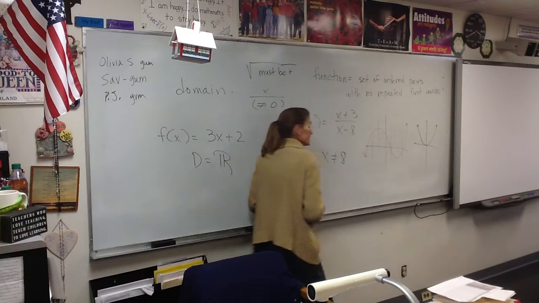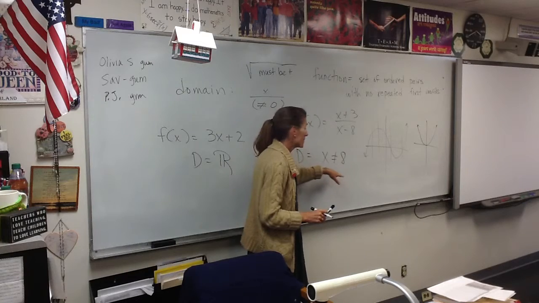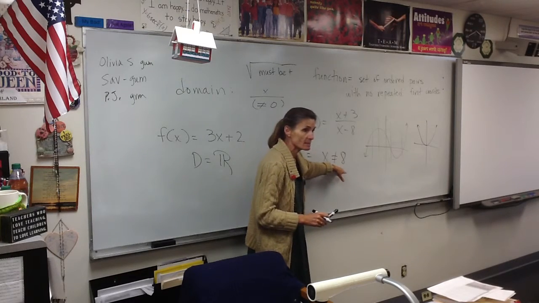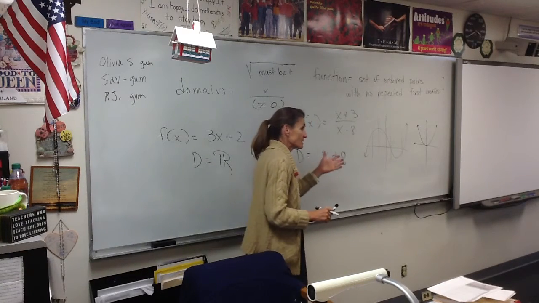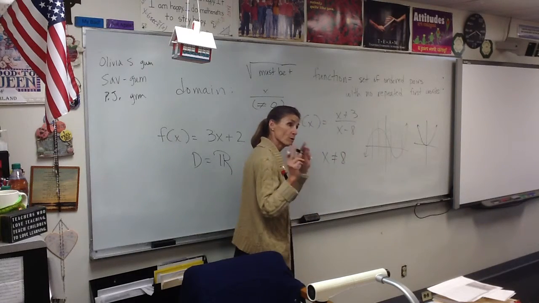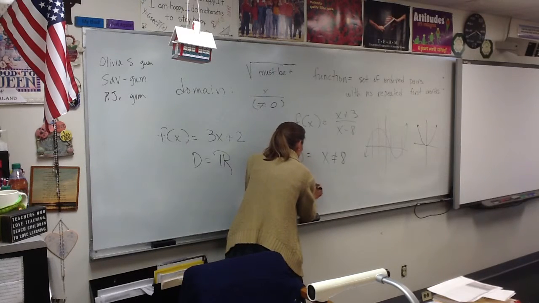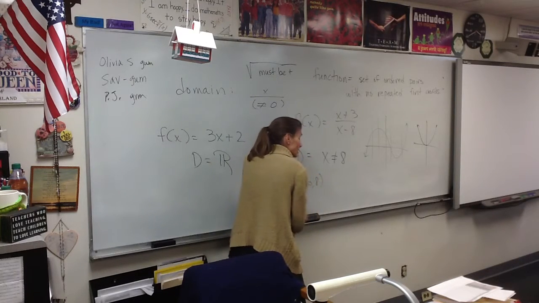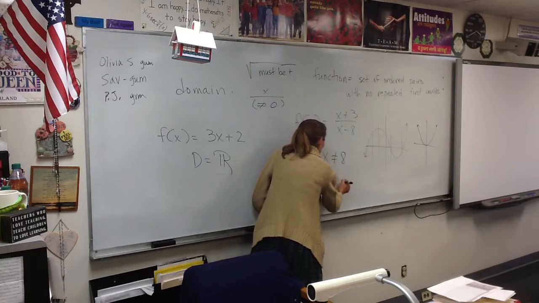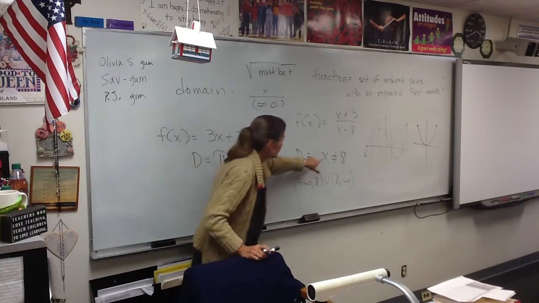I am perfectly okay with you simply saying x can't be 8. Because if you tell me x can't be 8, I'm going to assume you mean x can be everything else. Now, if you want to look like a real mathematician, you'll say your domain is everything from negative infinity to 8, or from 8 to positive infinity. This says the same thing.